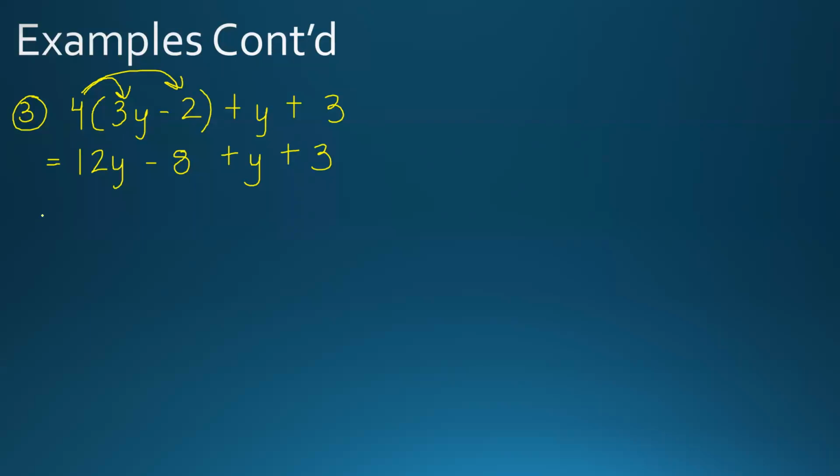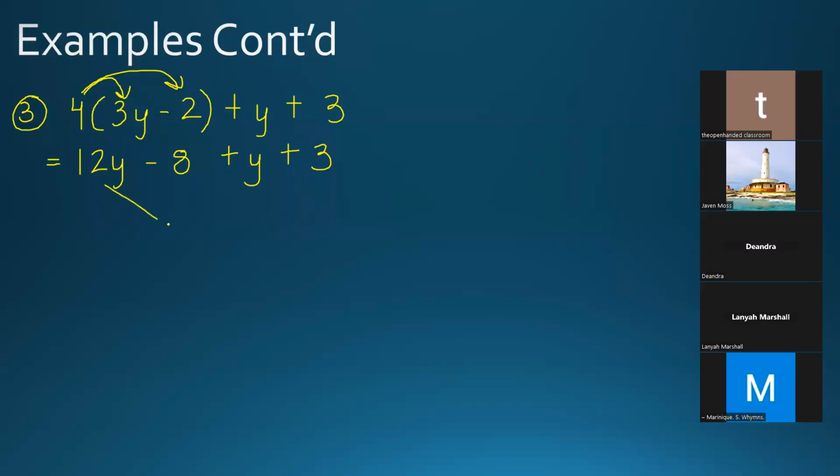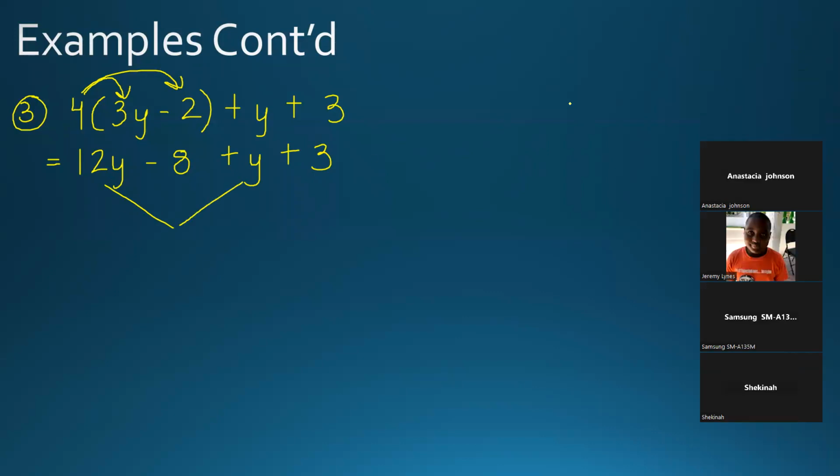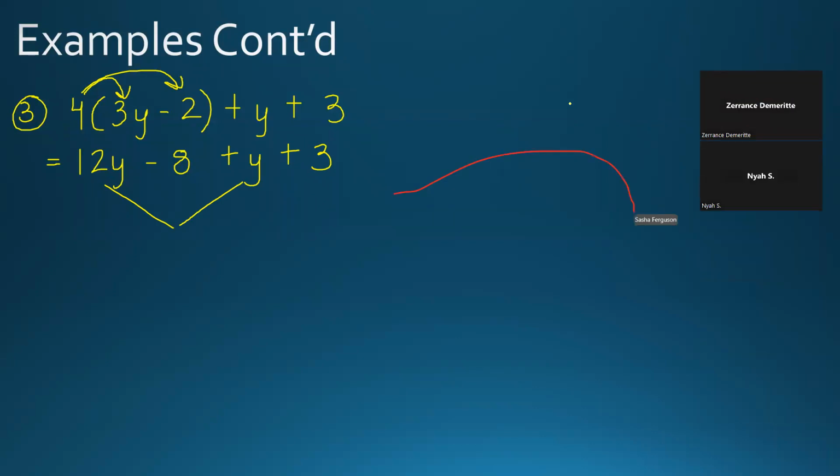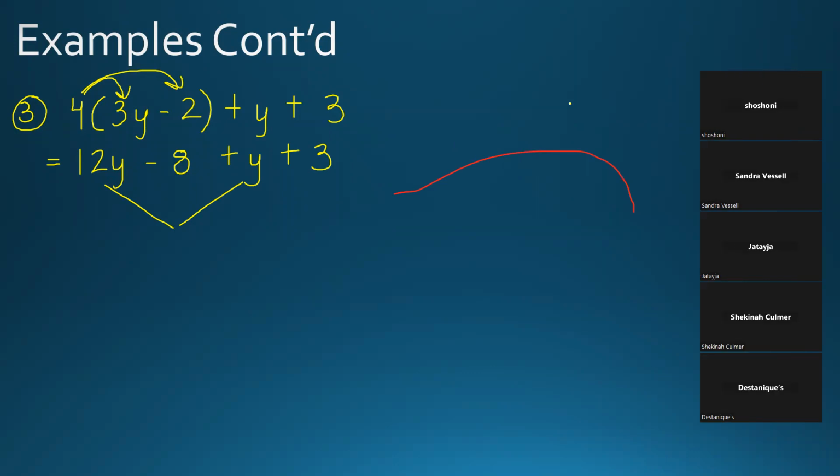It's going to be equal to, we have to bring the like terms, so it's going to be what? Please make sure that your camera is not on. It'll be 13y plus y. Make sure your camera is not on. Okay, I got you.